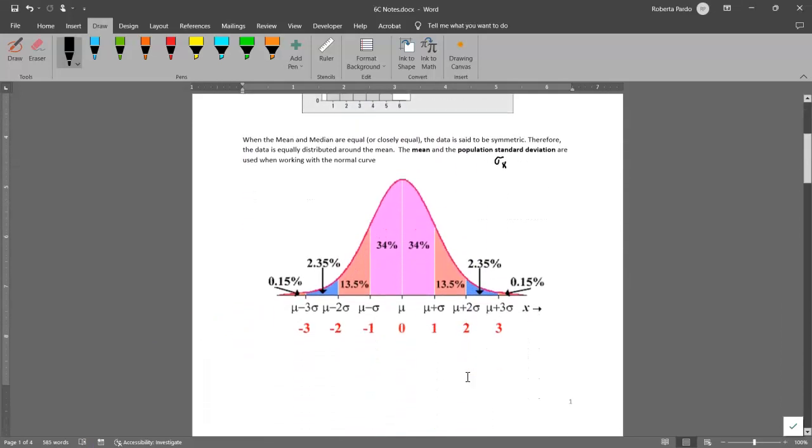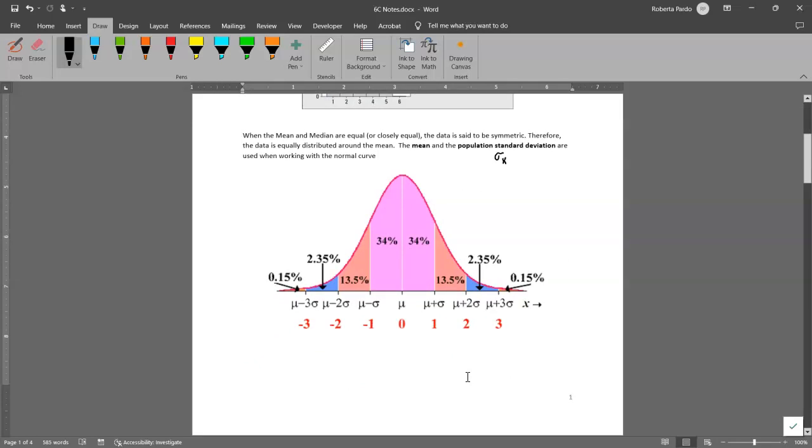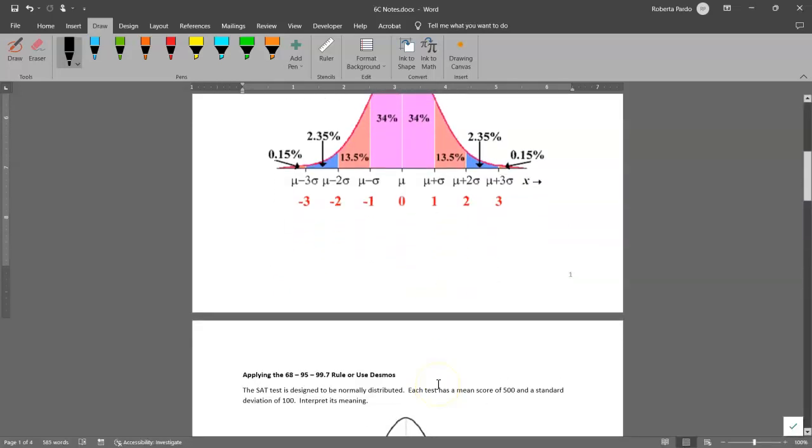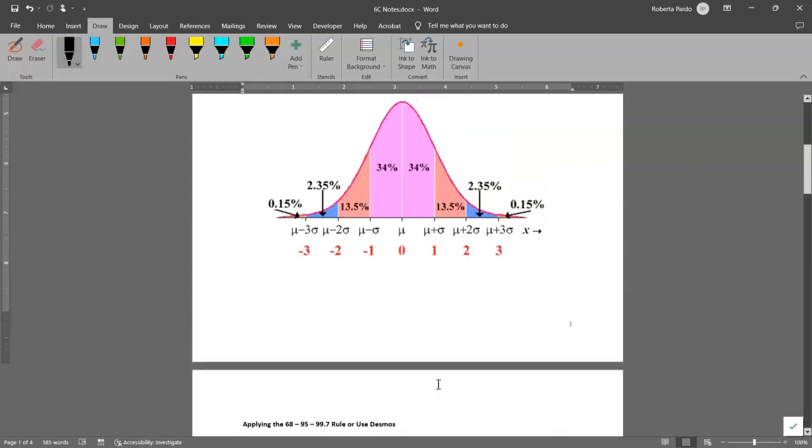And we call the population standard deviation this lowercase sigma with the little x when we're doing our calculations in our calculator. Now there's this thing called the 68, 95, 99.7 rule. And essentially it says when our data is symmetric, so when we're using this normal curve, we have 68%, so 34 and 34, so 68% of the data falls in this portion of our graph, and this is the mean.